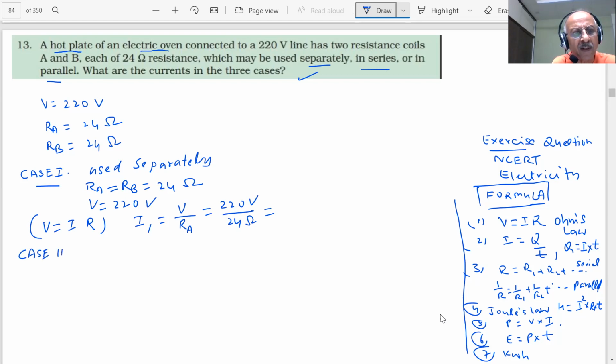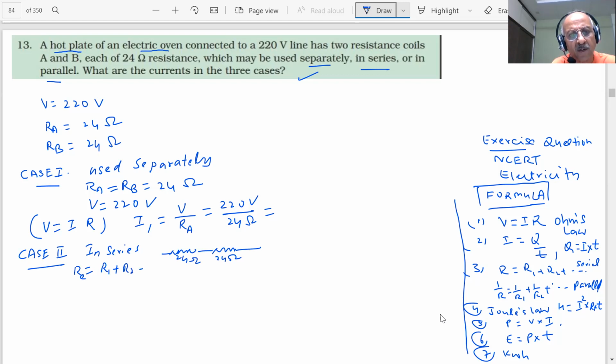Let me try case 2, students. If they are connected in series, these two are connected in series, 24 ohms and 24 ohms. Then what will be the effective resistance?